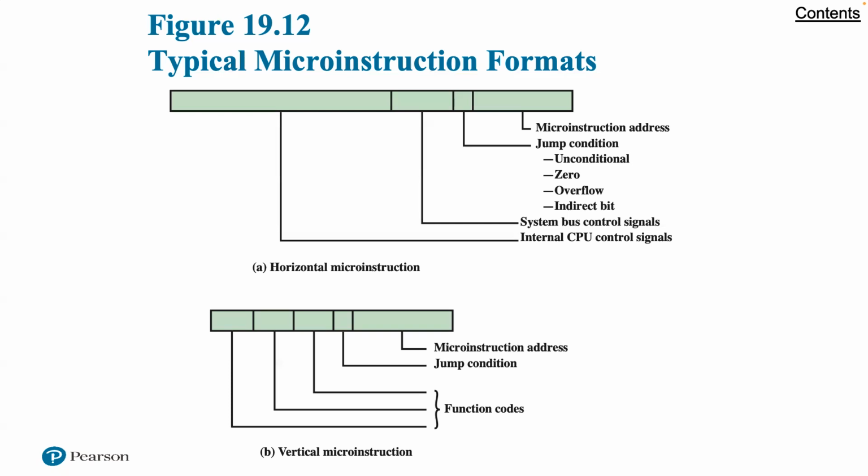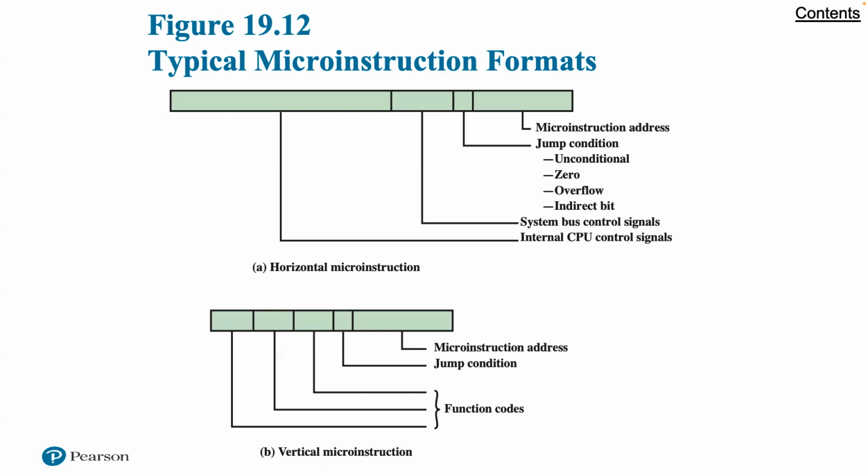So let us put our control words in a memory with each word having a unique address. Now add an address field to each control word, indicating the location of the next control word to be executed if a certain condition is true. Also add a few bits to specify the conditions. The result is known as a horizontal microinstruction, an example of which is shown in figure 19.12a on the top of this figure.